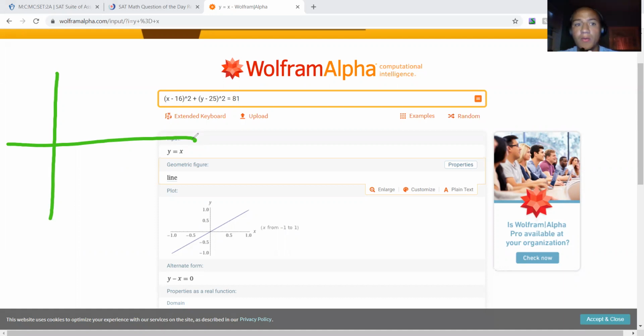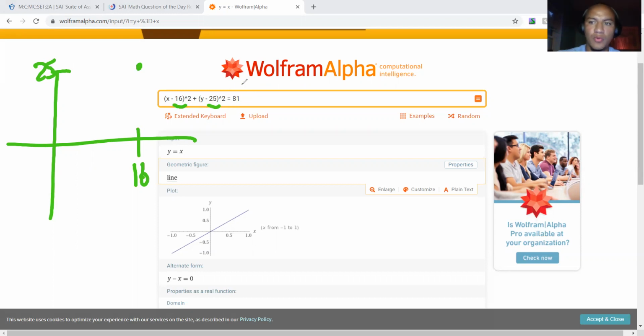Okay, so you can see that in order to make x the origin, it would have to be 16. So that's 16. And for y to be the origin, it has to be 25. So that would be the middle of the circle. And how big? Well, this is r squared, 81.